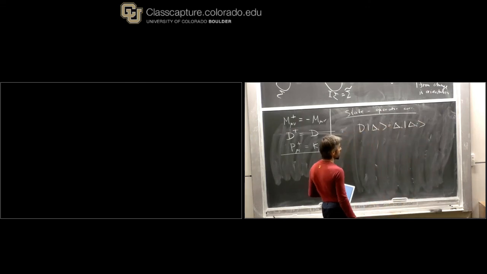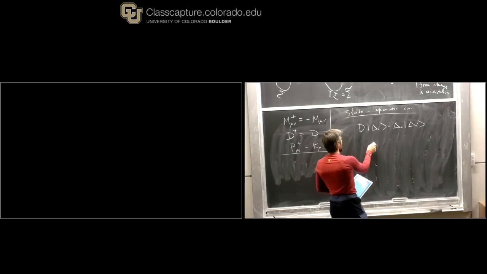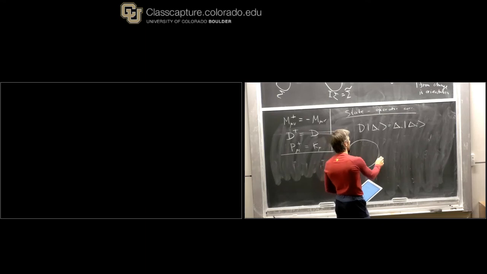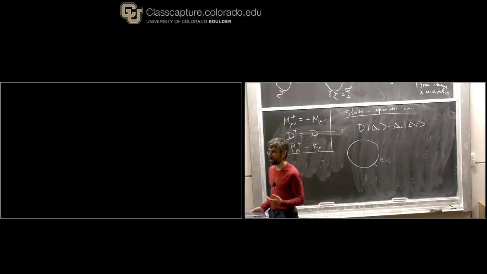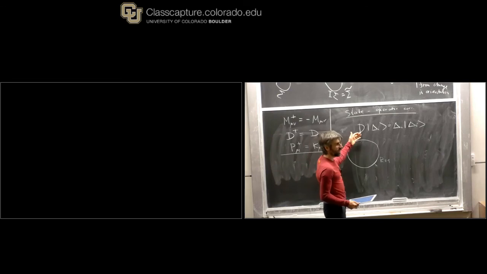So what are these eigenstates of the dilatation operator? I know that these are some states which live inside the sphere of radius 1, because all my Hilbert space states live inside the sphere of radius 1. They are generated by operators inserted inside the sphere of radius 1. But they are eigenstates of the dilatation generator.